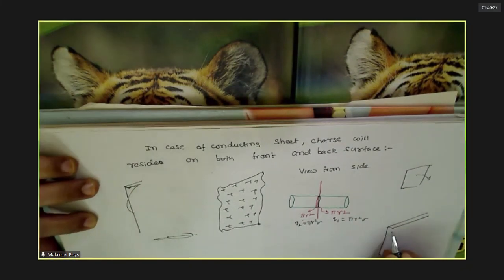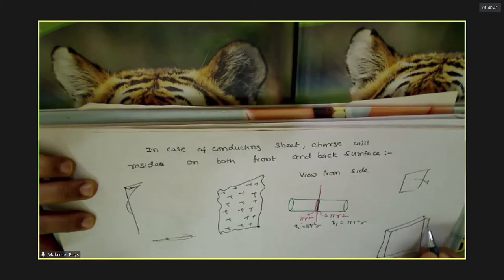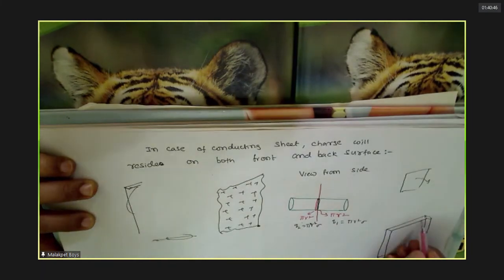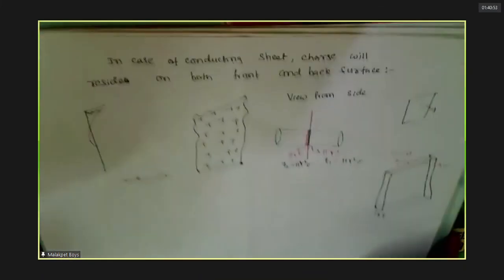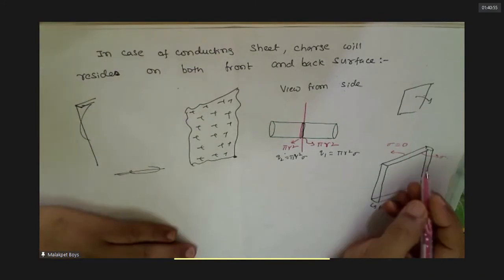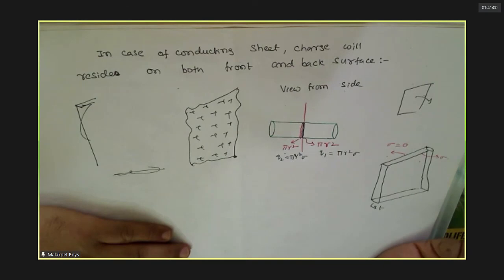This is the thickness, for example, T. When you give charge to this, suppose you give charge on this, it will be here only, this side only has charge, the other side no charge. Are you following this? Suppose this is conducting, then it will be distributed on this side and that side. That is the difference.